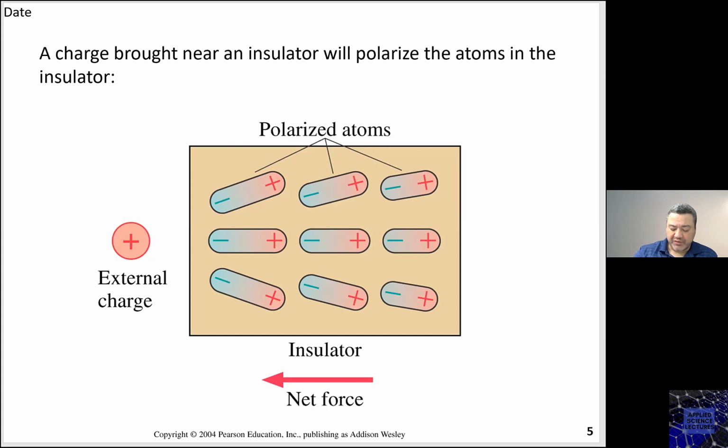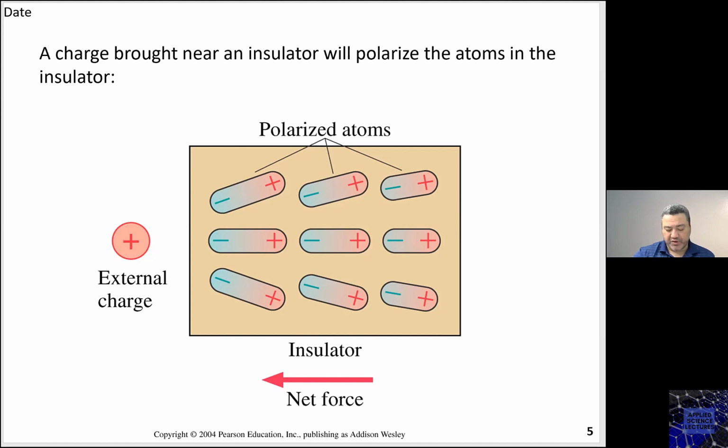What's going to happen is that those atoms are going to be polarized. Negative charges will be displaced, causing the atom itself to be ionized, and in this case, they will be polarized and pointing toward this charge, such that if this is a positive charge, the negative would be pointing to it, and the positive would be pointing the other way around.